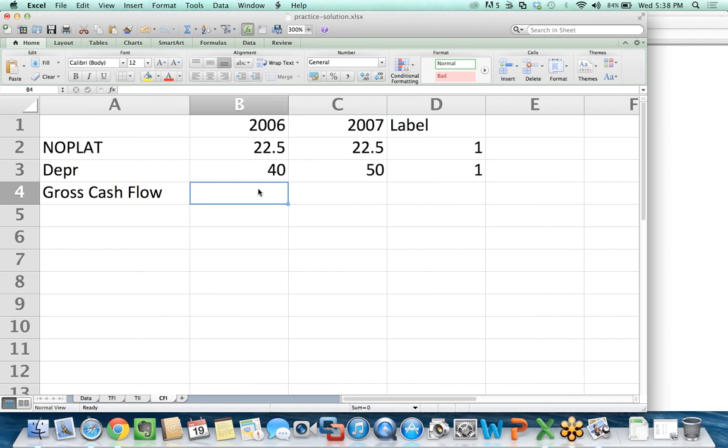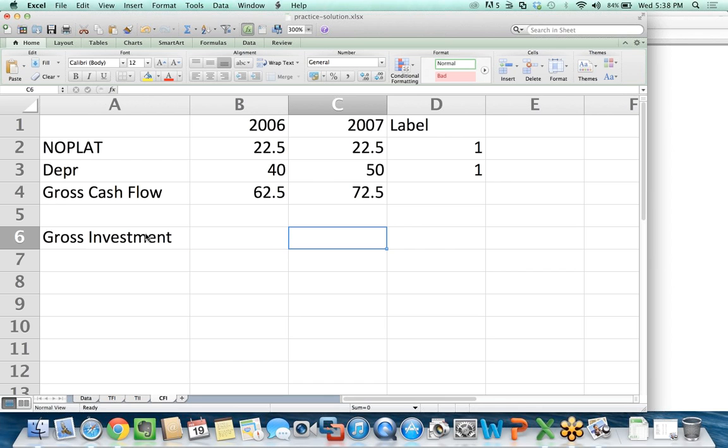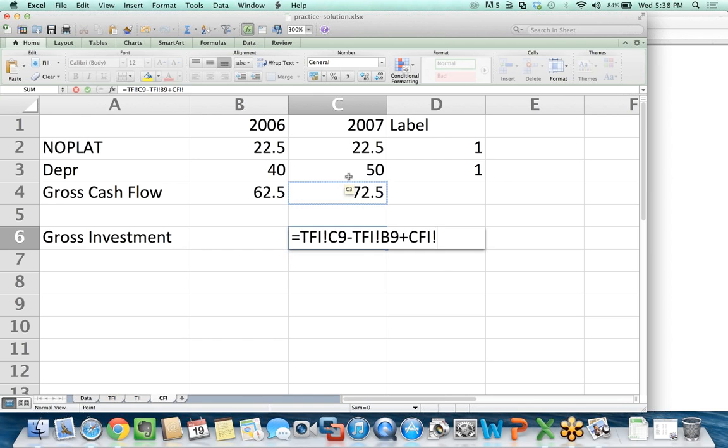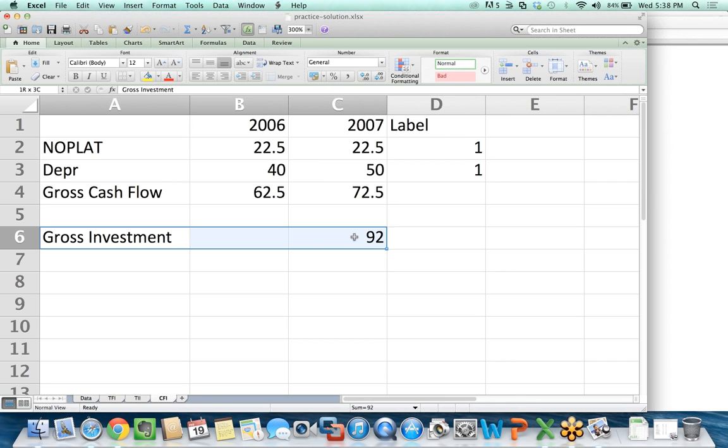So my gross cash flow is my NOPLAT plus my depreciation. And from that, I'm going to subtract my gross investment. And again, as in the video, the shortcut for gross investment is change in invested capital, so current year minus previous year, plus current year's depreciation. That is my gross investment.